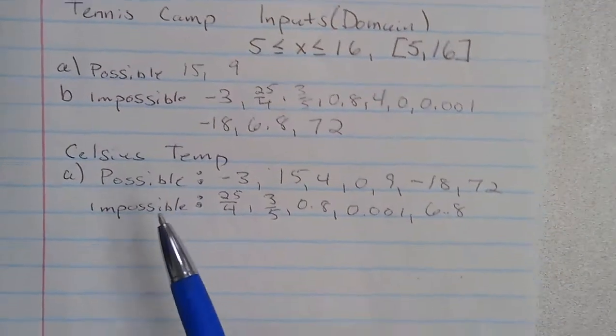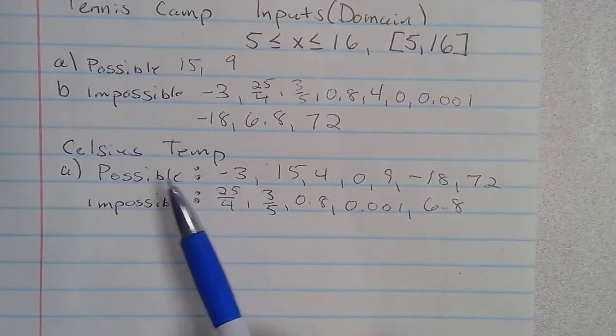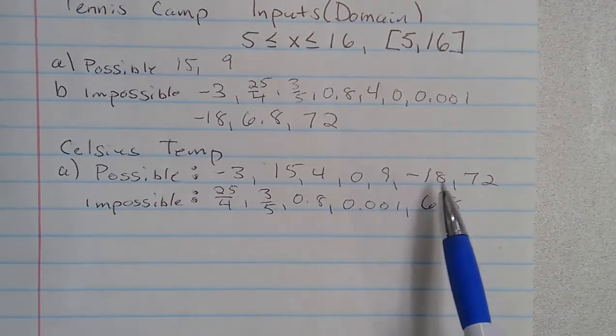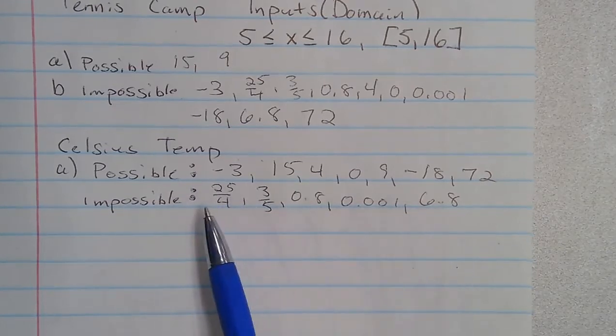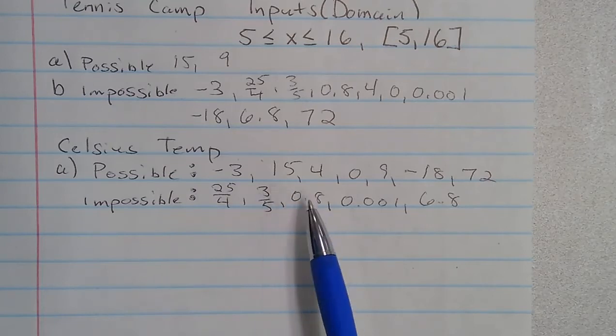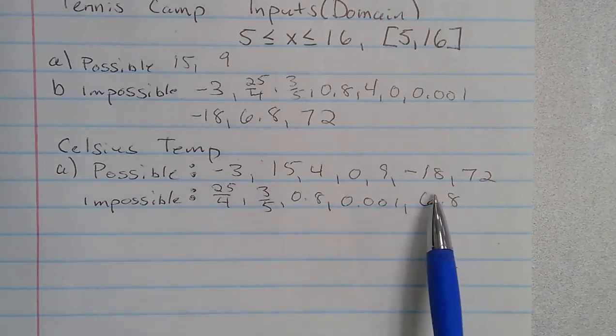So to look through these, typically temperatures are reported to the nearest degree. So for the possible inputs, I put -3, 15, 4, 8, 9, -18, and 72. And for impossible, I put the decimal numbers, 25 over 4, 3 over 5, 0.8, 0.001, and 6.8.